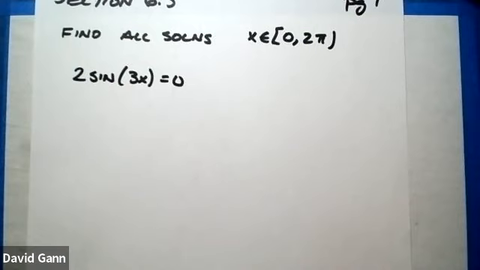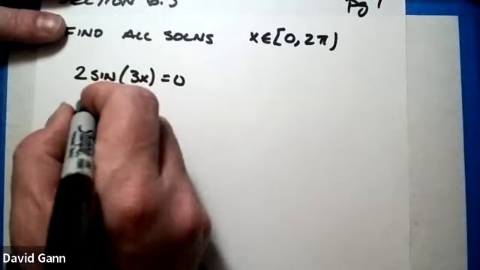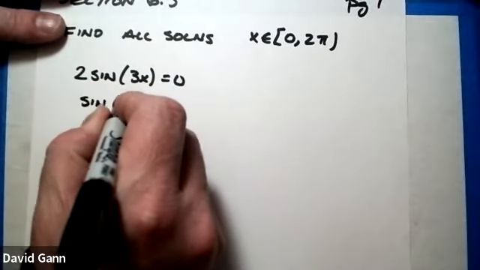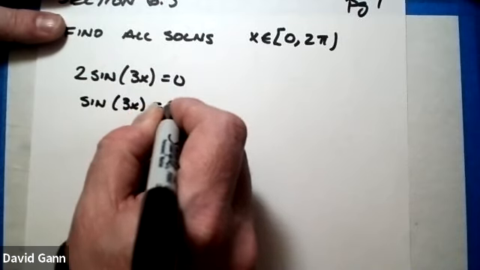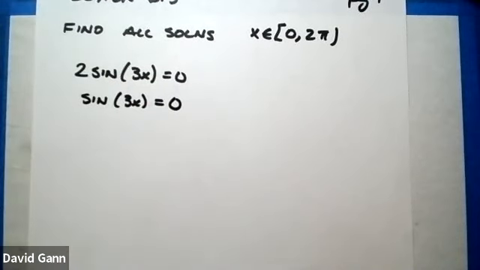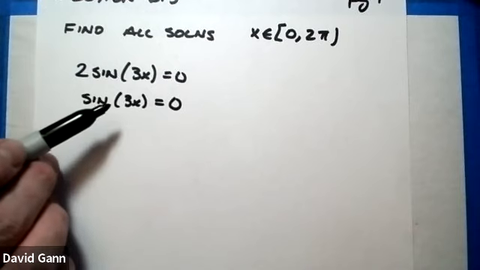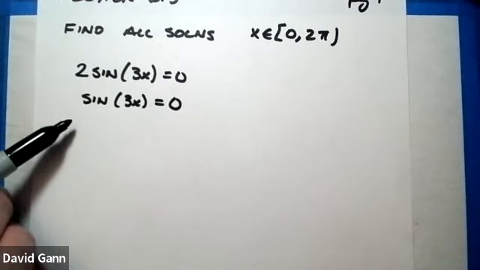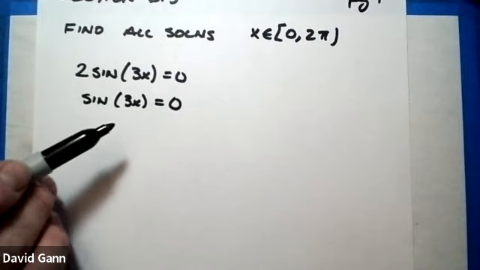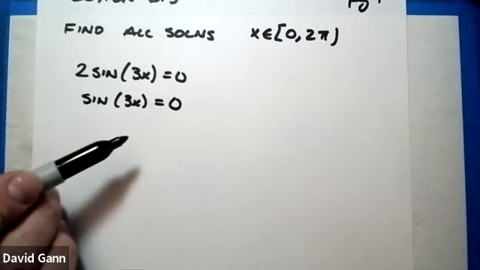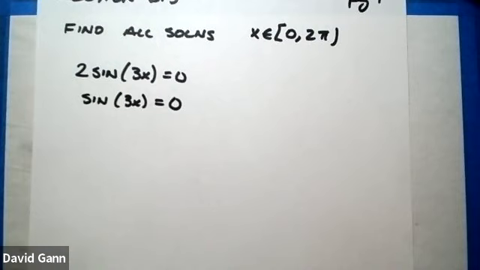We know how to manipulate this down to the point where, pretty quickly, you're going to get that sine of 3x is equal to 0. Now, when we would solve these before, the next step was to pull out the principal root plus coterminal angles, and then the alternate root plus coterminal angles, and we kind of started skipping that step and just tacked them on at the end.